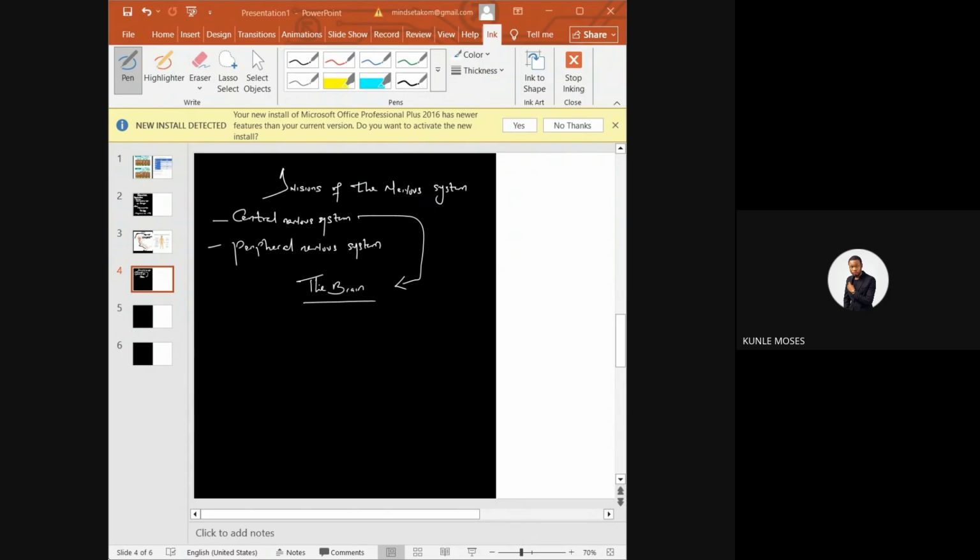So what the spinal nerves do is that they connect the spinal cord to other organs. For example, they can connect the spinal cord to the arms, to the legs, and other parts.